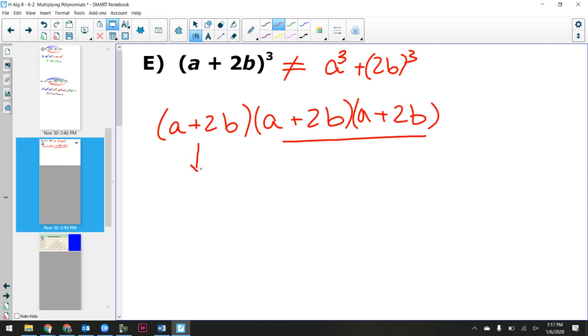I'm going to carry this guy down, a plus 2b. Now, I'm going to FOIL that. First, a times a is a squared. My inners and outers are both 2ab, so together they make 4ab. My lasts, 2b times 2b, 4b squared.